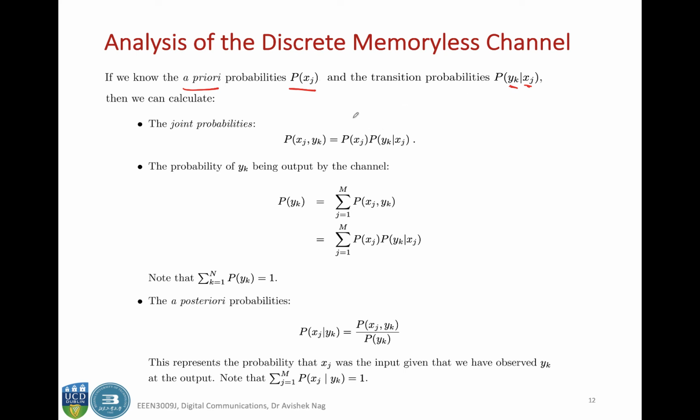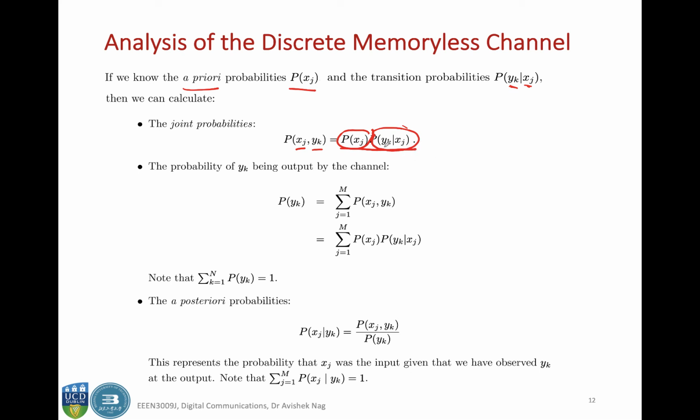Then you can define the joint probabilities of xj and yk using Bayes rule. Basically, the probability of xj comma yk is equal to the a priori probability of xj times the transition probability of yk given xj.